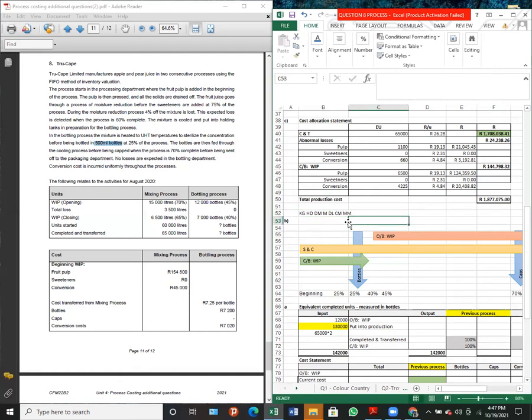K, H, D, D, M, L is liter, D L, C L, M L, milliliter. And then if you convert from here to here, you will see.